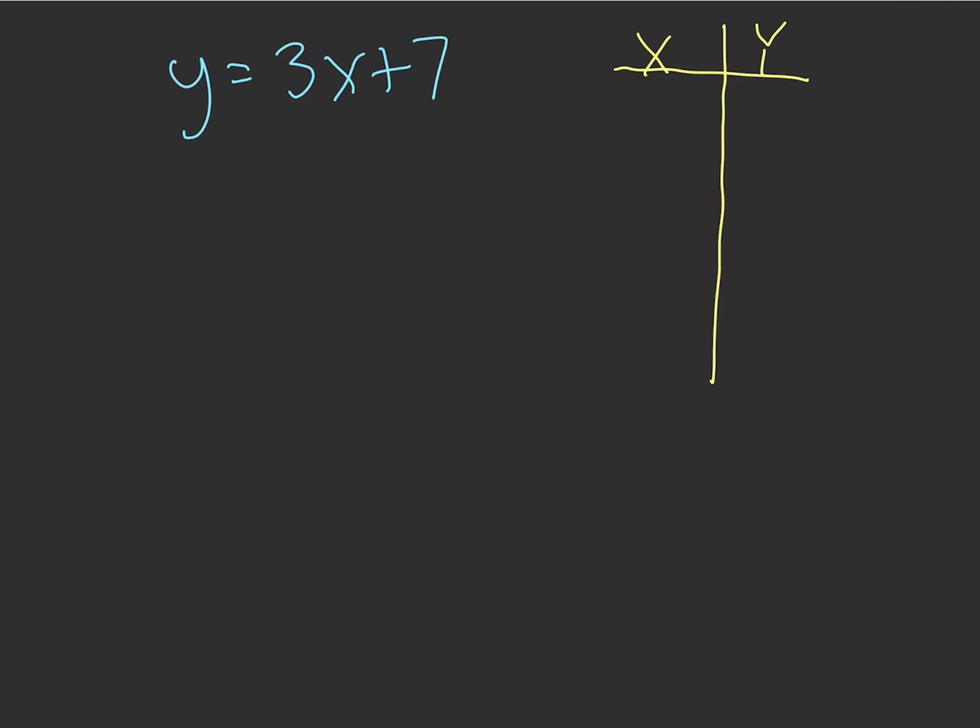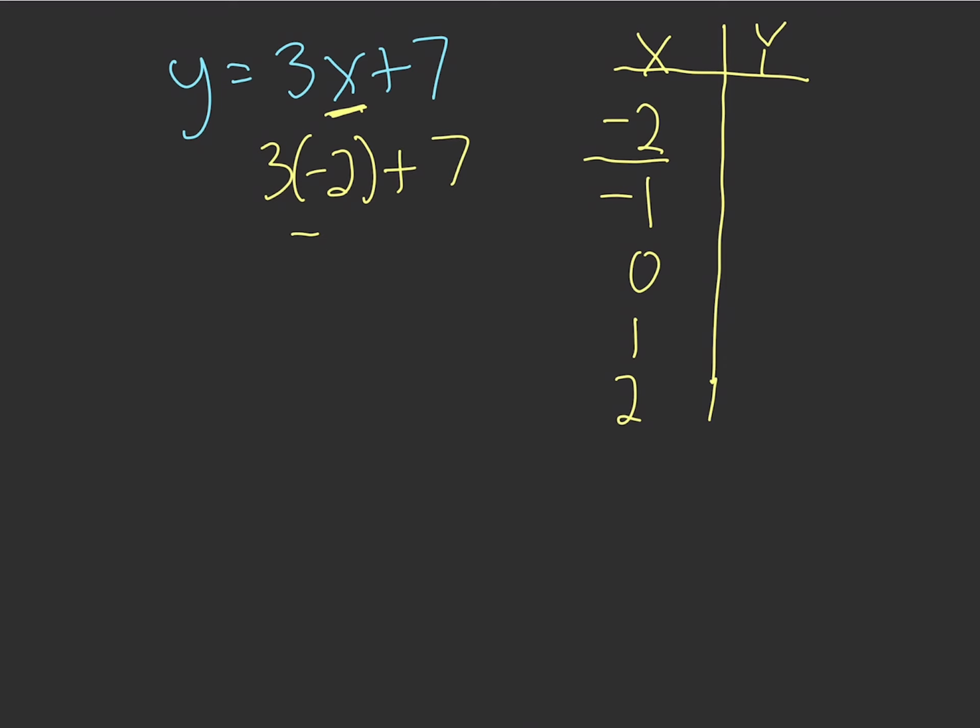So I say, when x equals -2, -1, 0, 1, or 2, what do I do when I'm asking that? Of course, I have to plug each of those numbers into the x value right here. So, for instance, if I want -2, I'm going to go 3, and then I'm going to replace the x with a -2, so 3 times -2, and then add 7. -6 plus 7, that would be 1.